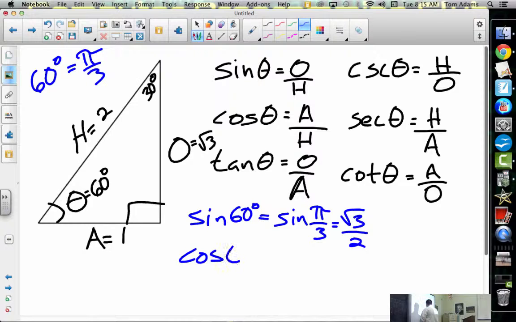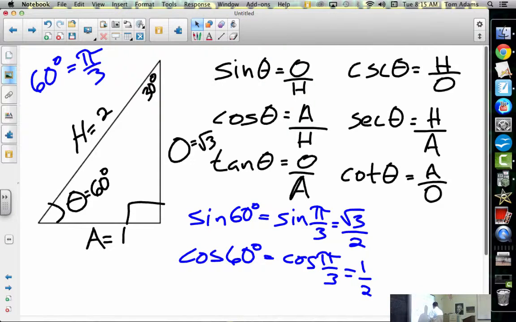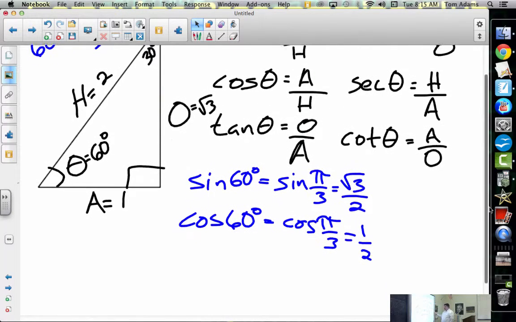Cosine of 60 degrees is equal to cosine of pi over 3, which is equal to the adjacent over the hypotenuse, which is 1 over 2. Is that right?